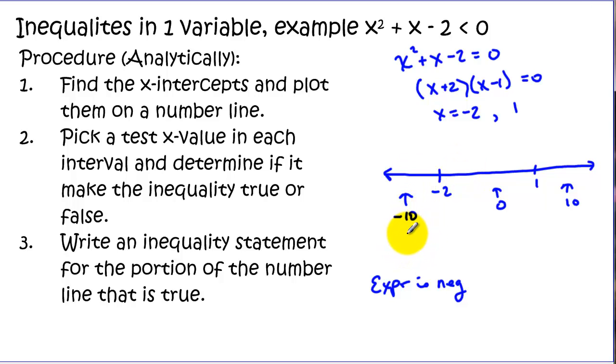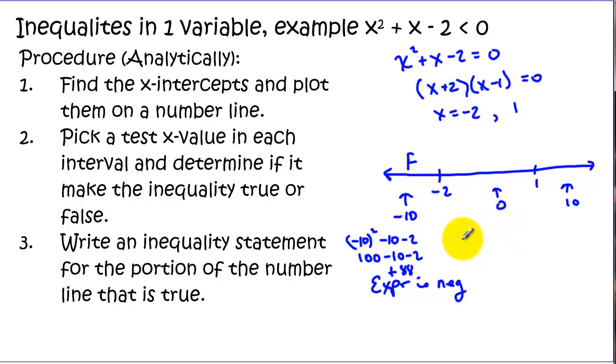Now, the straightforward way is to take your test value and plug it into the equation. So I could plug in here negative 10 squared minus 10 minus 2 and calculate that. Here I'm going to get 100 minus 10 minus 2, which is positive 88. So in here, my expression is not negative, it's positive, so this part's false.